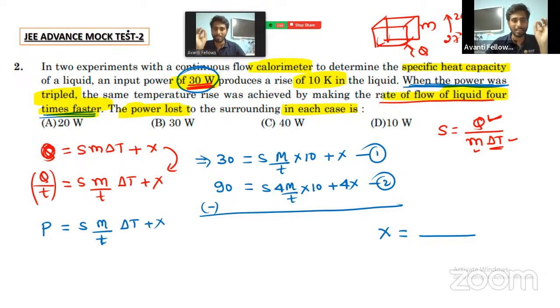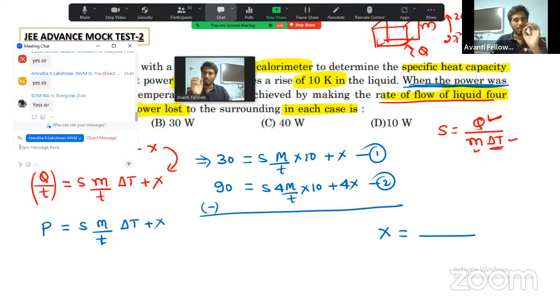How many of you understood this question? Please give me a confirmation in the chat box once. How many of you understood this one? You have to calculate the x value. No problem, take a minute. Once you go through the question again, let me know in the chat box.